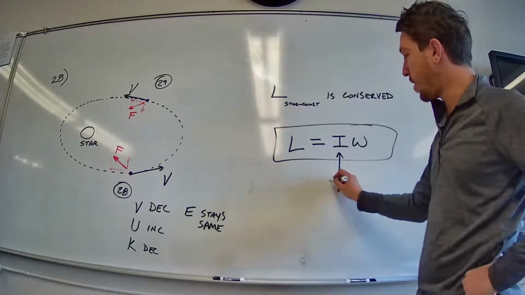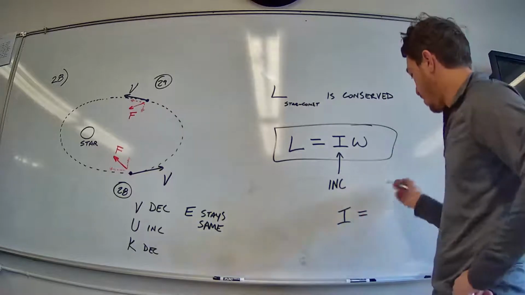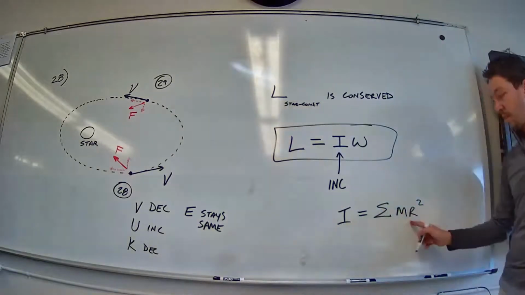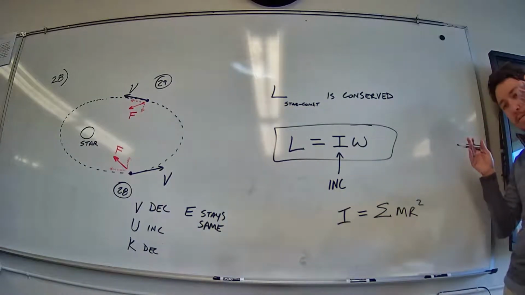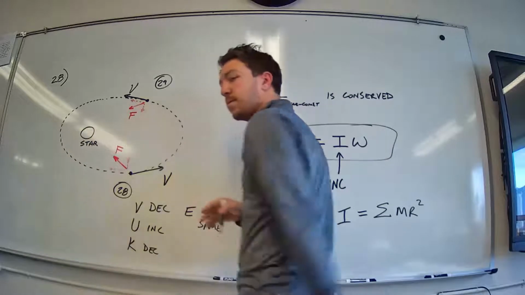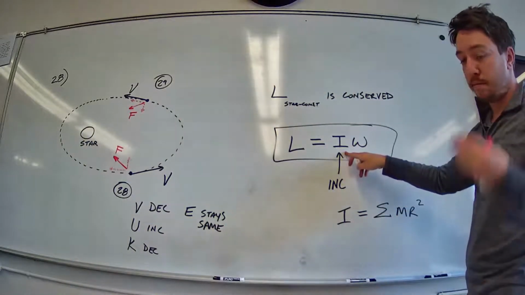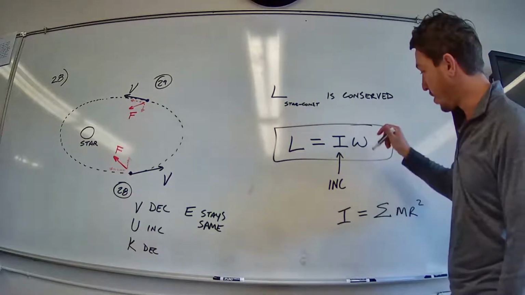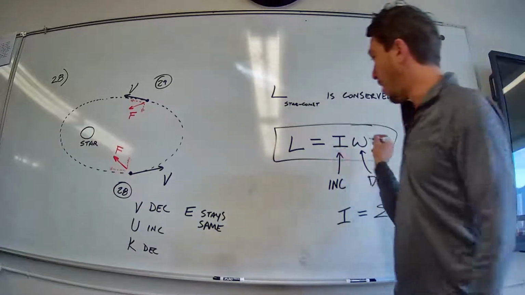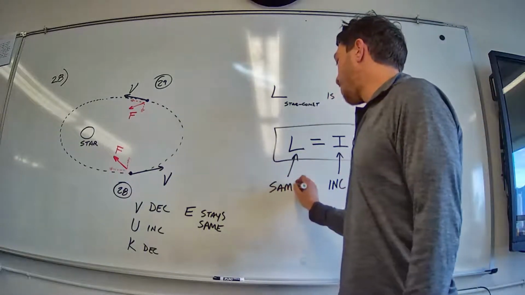It's increasing it. Well, why? Because I for a system is the sum of all the mr squareds. So if you increase the r value, which you clearly are doing as you move away, you're increasing that distance. So when you increase the moment of inertia of the system, you would have to then decrease omega, this angular speed, in order to keep this the same, to conserve.